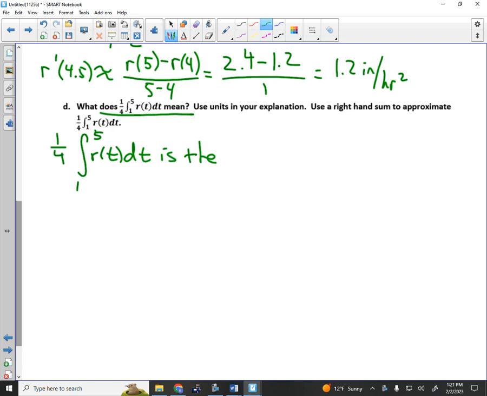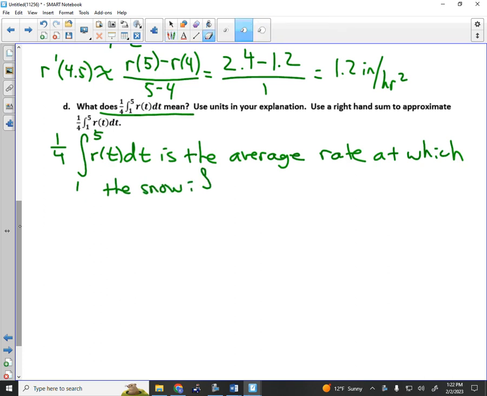Okay, so here's where I get some problems wrong as well, and I want you to try to avoid this. You'll make the same mistake I do. Do you remember this from yesterday? This is the average rate, because we're given a rate function, the average rate at which snow is falling.